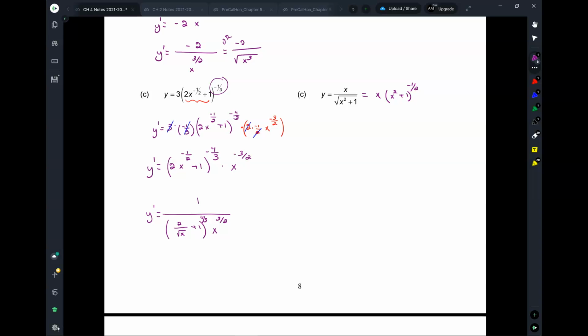Okay, so now u is x, v is x squared plus 1 to the negative half. u prime is 1. v prime is negative 1/2, x squared plus 1 to the negative 3 over 2, times 2x.